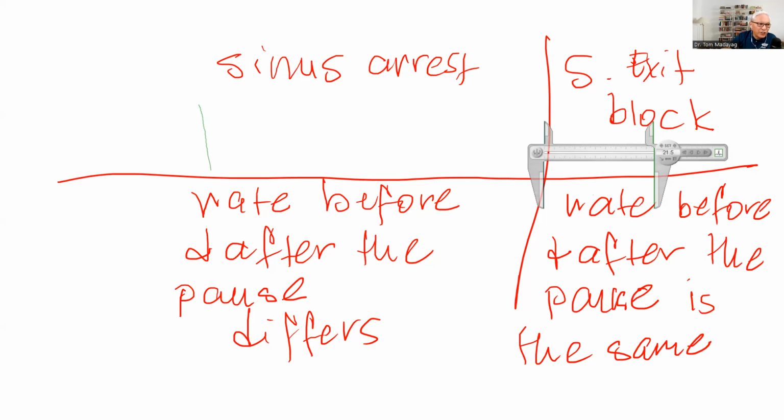Okay, so the major differentiation of the two, therefore, is in sinus arrest, the rate before and after the pause differs. In sinus exit block, the rate before and after the pause is the same.